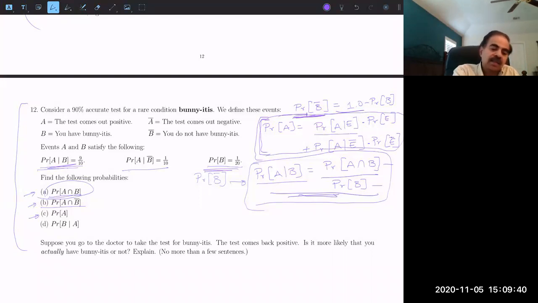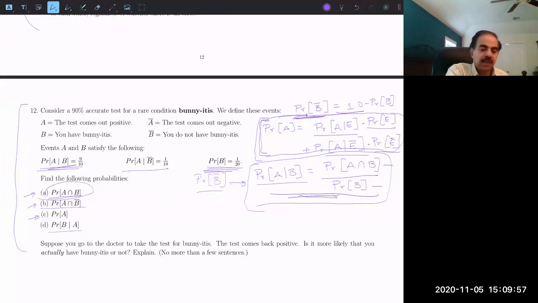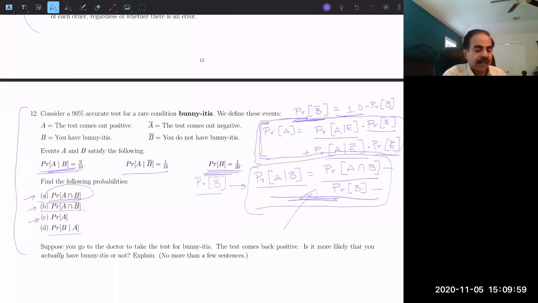So you have those two pieces of information, and then you need these two probabilities, which are here, right? So once again, if you plug those in, you will get the answer, and probability of B given A can once again be determined using the standard definition of conditional probability.